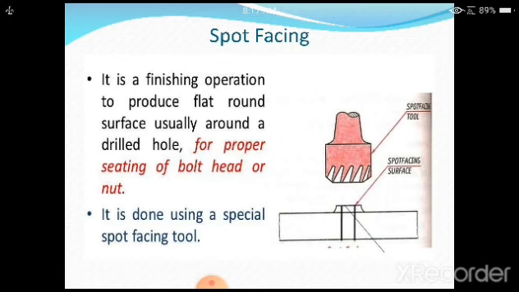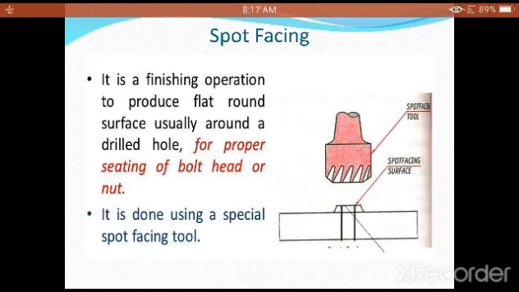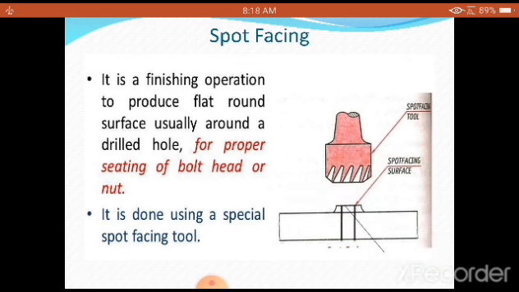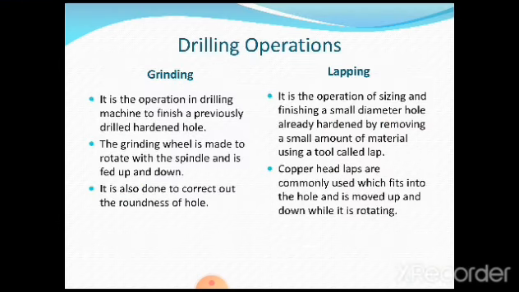It is done using a special spot facing tool, which is used for finishing around the hole. Now this is the drilled hole, and surrounding this, some finishing is carried out. Such a process we call spot facing.